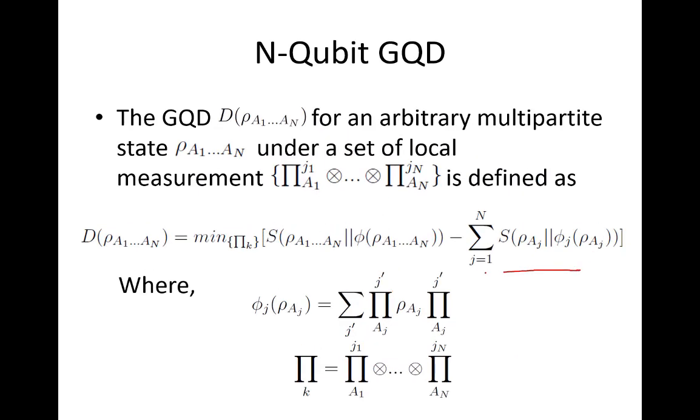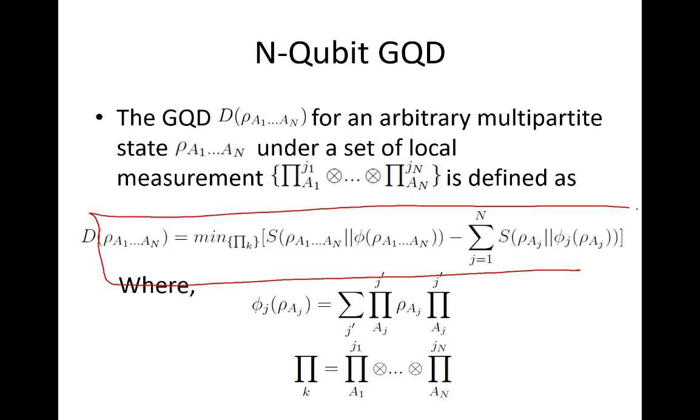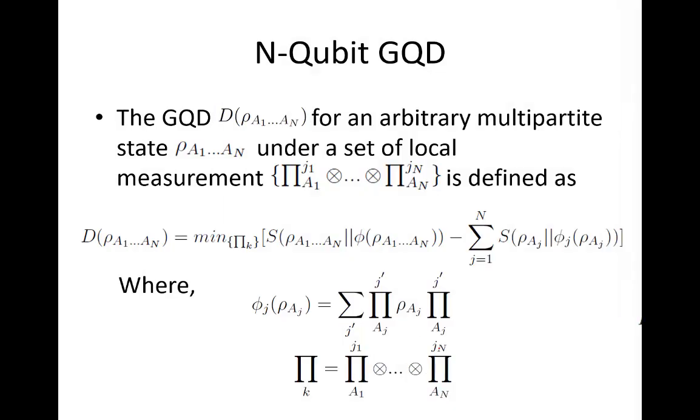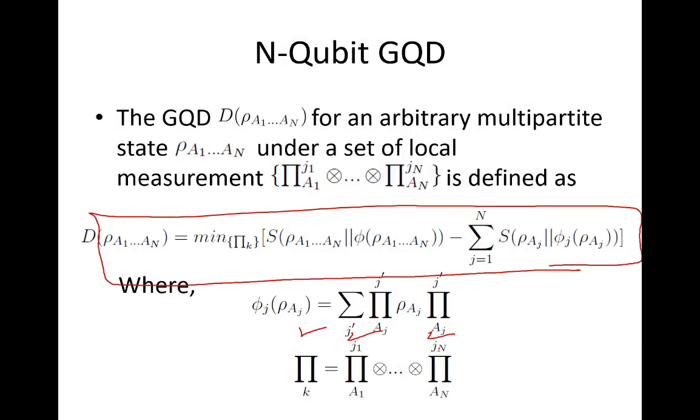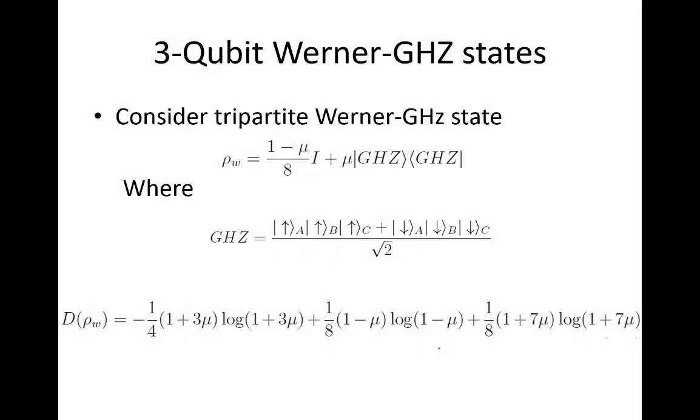So this is again the same formula for discord, but with an array of projectors, tuples of projectors. You sandwich the density matrix in between these projectors and perform the same calculation. Then you will come up with the value of discord for n-qubit global quantum discord, for those systems.